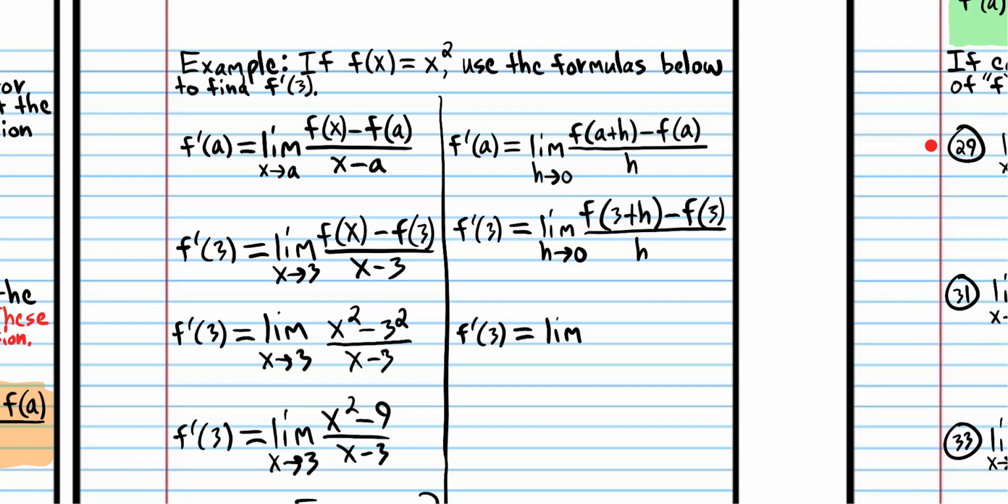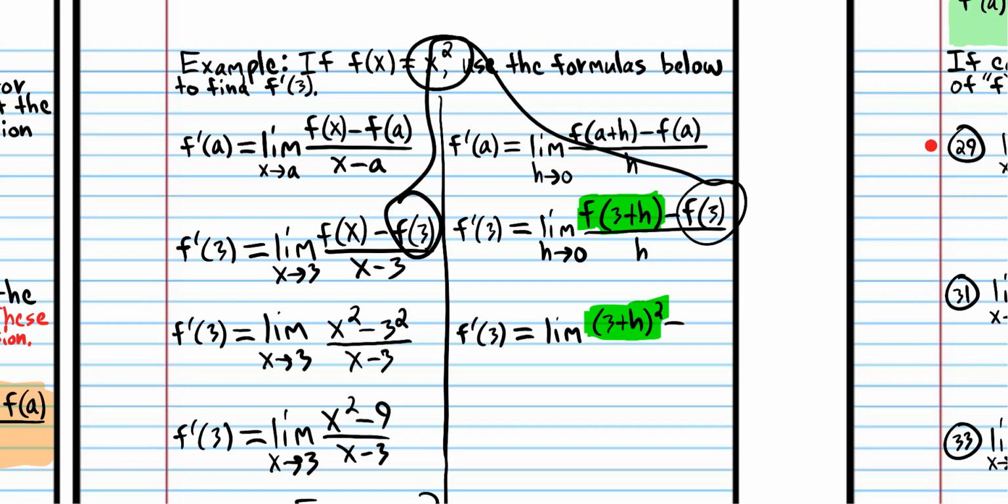F of 3 plus h, that's the same thing as f of x. F of x is x squared, but f of 3 plus h is 3 plus h squared. That's where students really have some problems. But again, this is review. We've done this before in this course. So f of 3, that's just the same thing that we found over here. That's just 3 squared. You plug in 3 into the function.